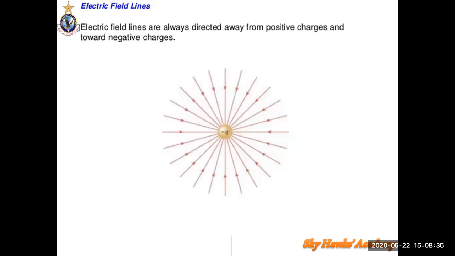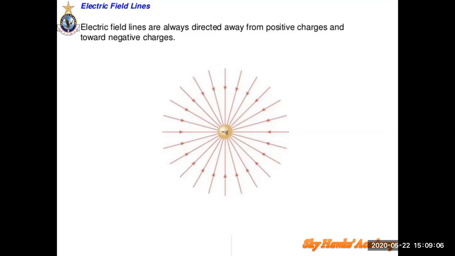Next, electric field lines are always directed away from positive charges and toward negative charges. This is the very prominent distinctive feature, and it must be in our mind all the time.